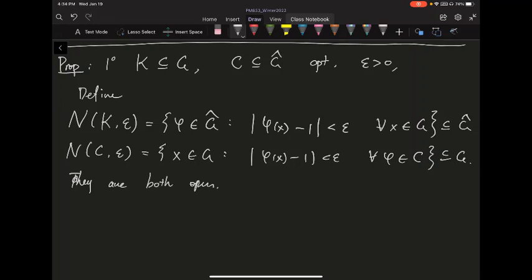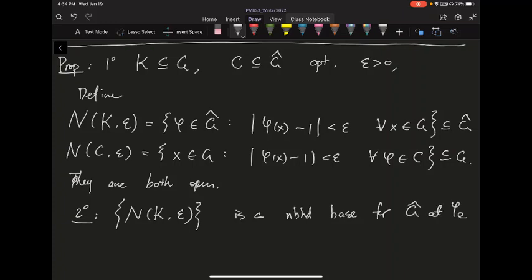Moreover, I care more about the subsets of G hat. I want to show that these sets, all the N(K, epsilon), form a neighborhood base, or basically a base of topology, for this G hat at the identity character, basically the unit of G hat.